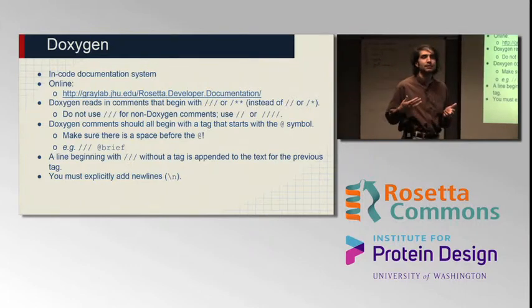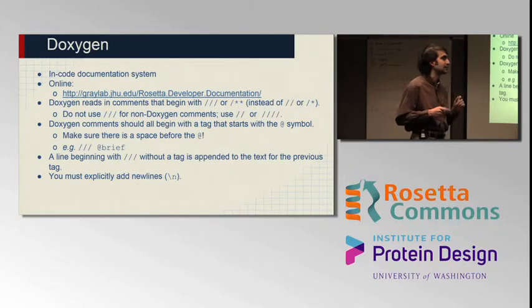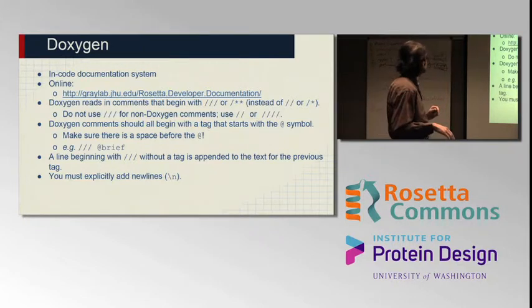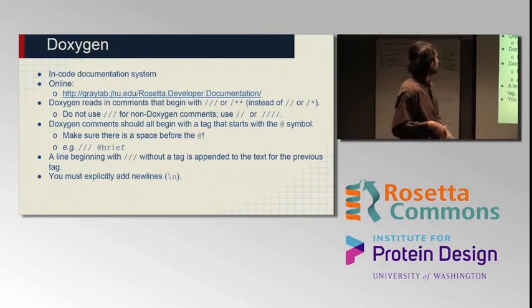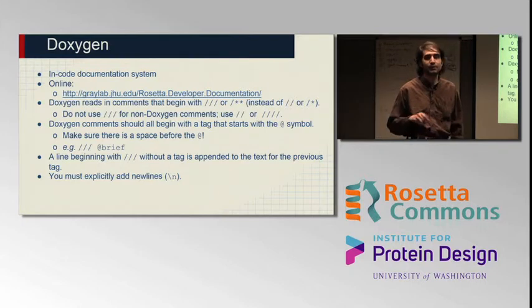If your function does anything particularly complicated, it should also have a /// @details, which can have a much more detailed explanation of what the function does. And then there are other commands that you can include also, like @author if you want to take credit for something, etc.